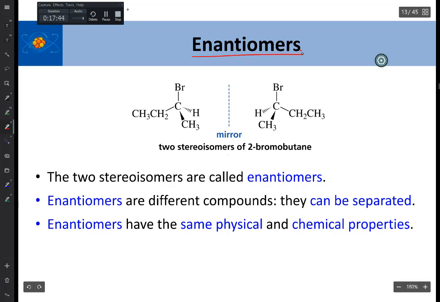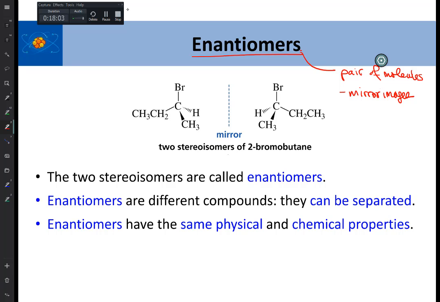A pair of molecules that are mirror images, and then we say they're non-superimposable.